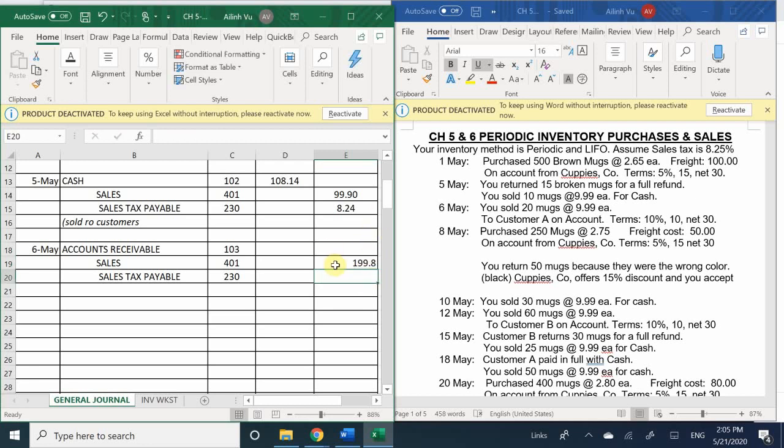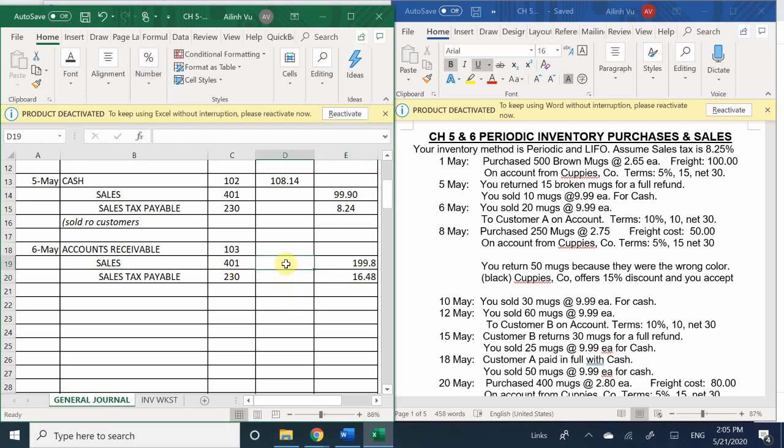Good. Then we multiply $199.80 by the tax rate of 8.25%, and I get $16.48.